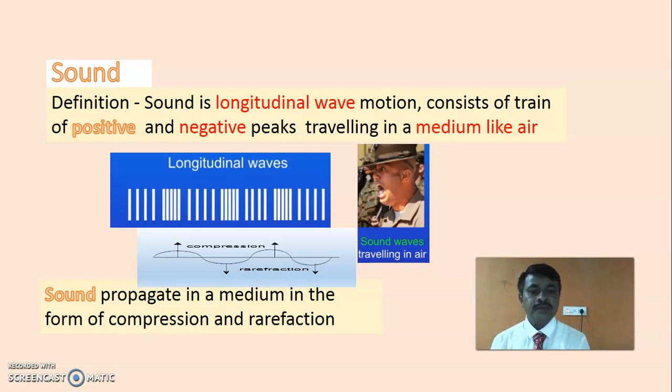Student, three important points to be noted. Sound is a longitudinal wave. Sound consists of positive and negative peaks. Third, sound can travel in a medium like air. So these are the 3 points to be remembered.